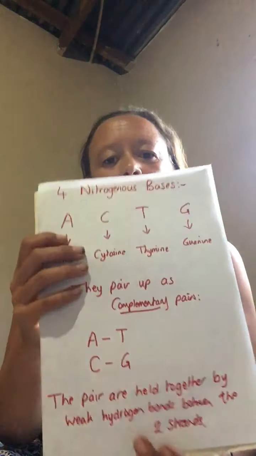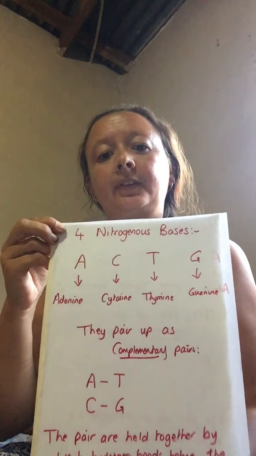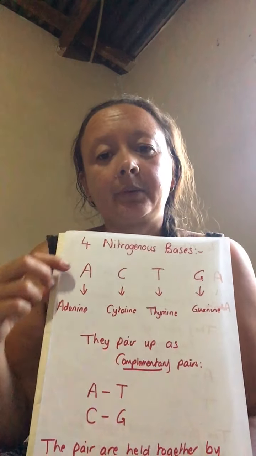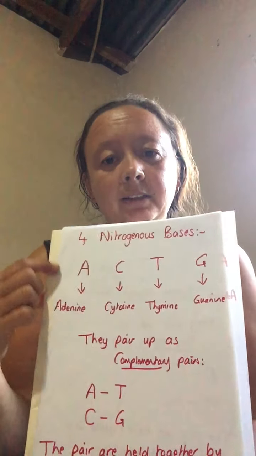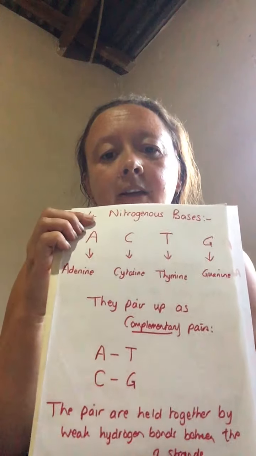So that was that diagram, and the other one I wanted to go through with you was this one, just so that you don't forget. This is very important for the exam. There are 4 nitrogenous bases in the DNA molecule, so A, C, T and G. Adenine, cytosine, thymine and guanine.